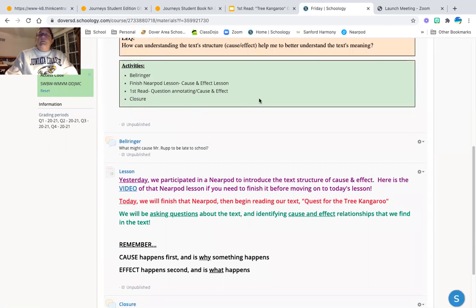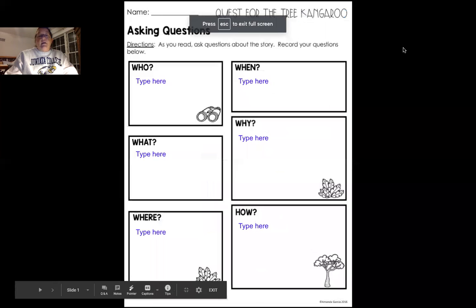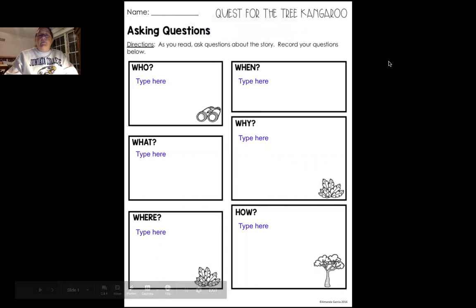All right, let me show you what we're going to be doing today. I'm going to be doing this with you. This is not independent. We're going to do some guided reading here for our first read, and we're going to type in some questions.